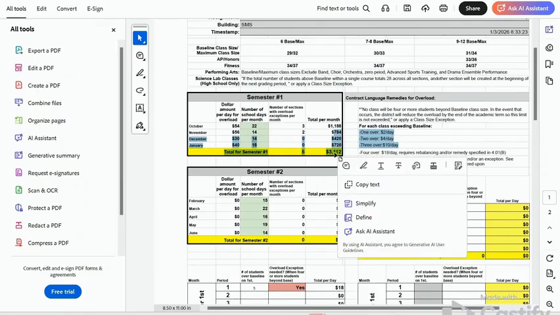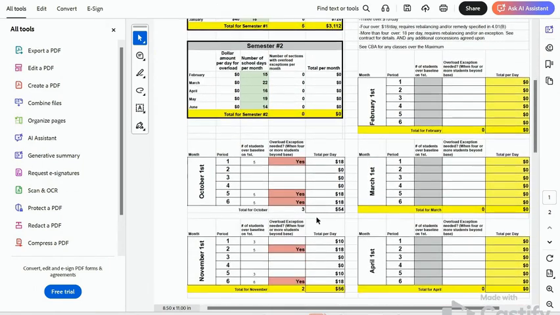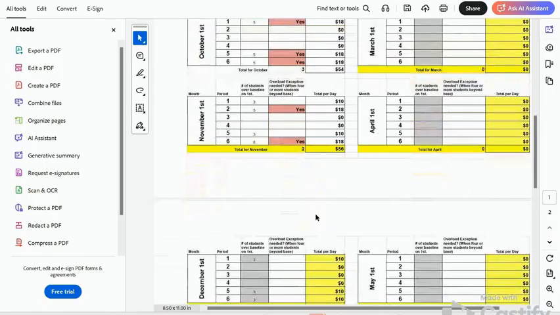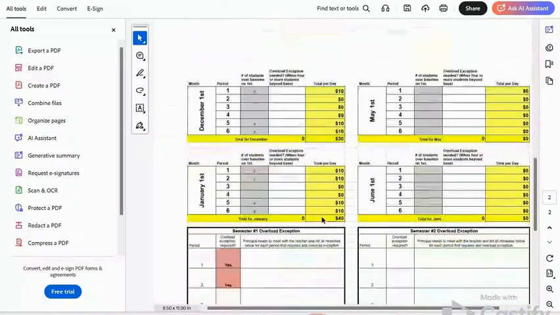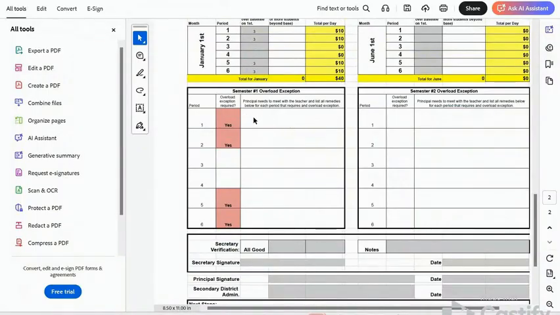It does all the math for you. Same goes for here. Any of this information above must be done electronically. If there's an error, you need to email the document back to the teacher, and they need to fix it. Down here, whatever the exception is, needs to be added into this box.